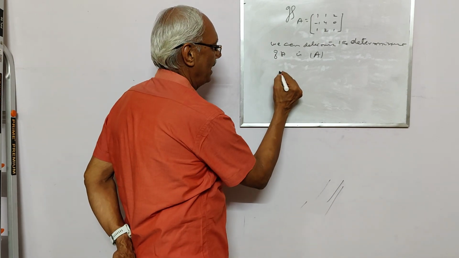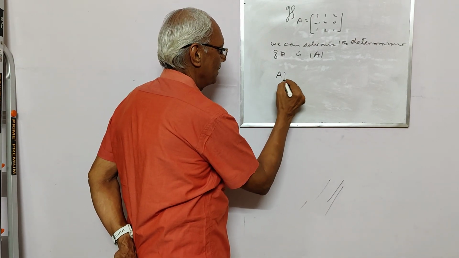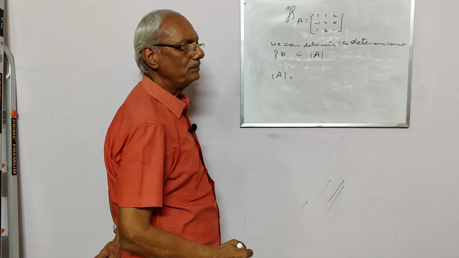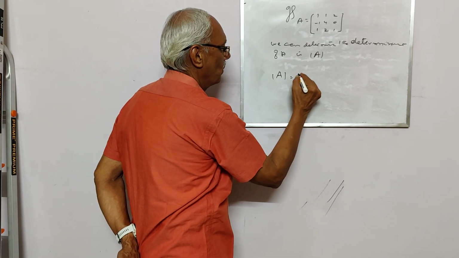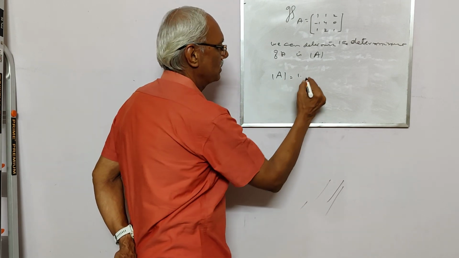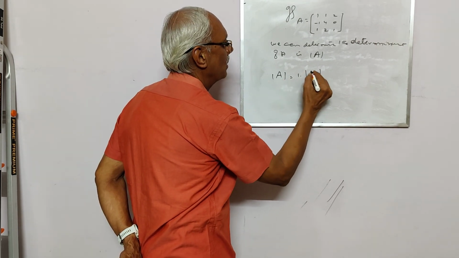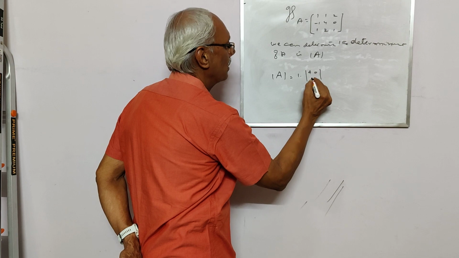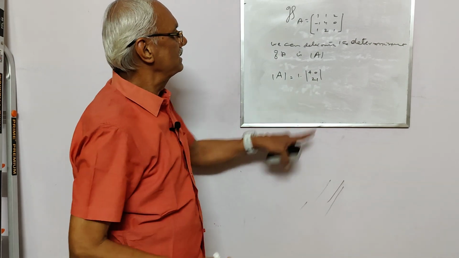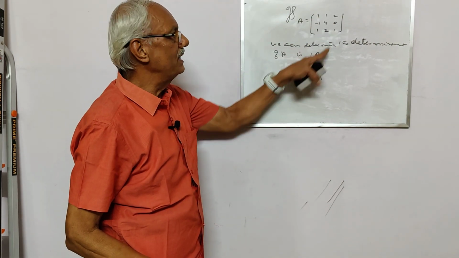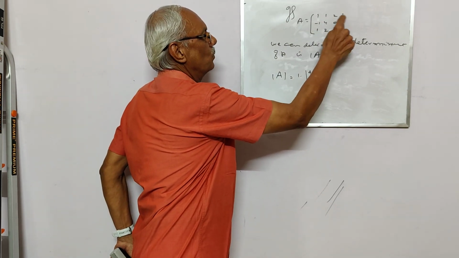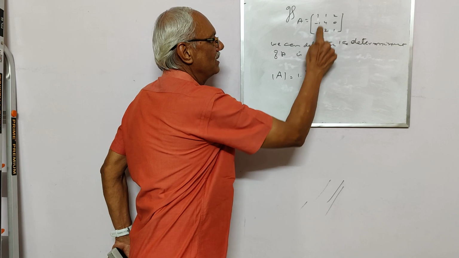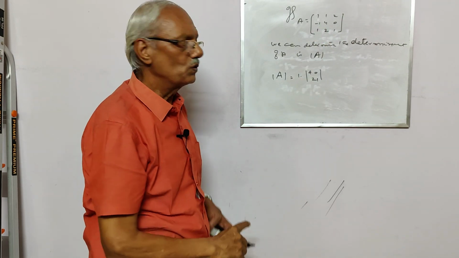Okay, now I'll write here: determinant of A is equal to 1 multiplied by, suppress this row and suppress this column, this is your 4 0 2 1.